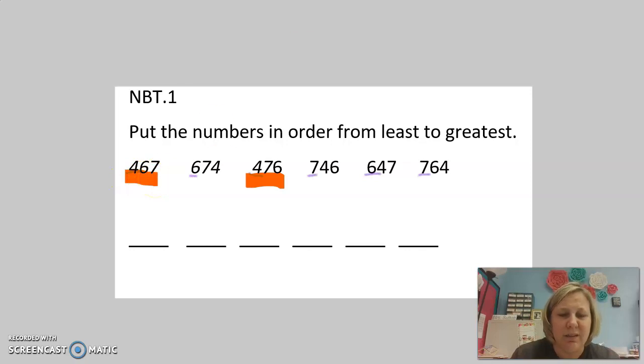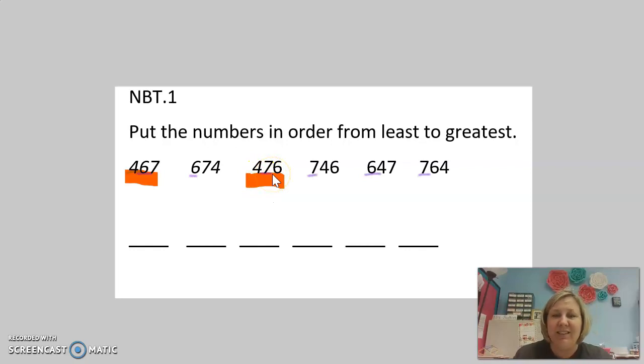All right. Now, when I look at these, they both have 400. So I really don't know. So I need to look at the tens place value to figure out which one is less. So I have 60 and 70.